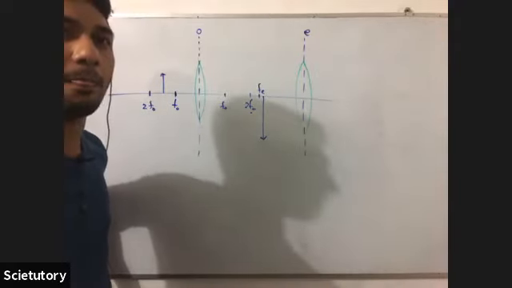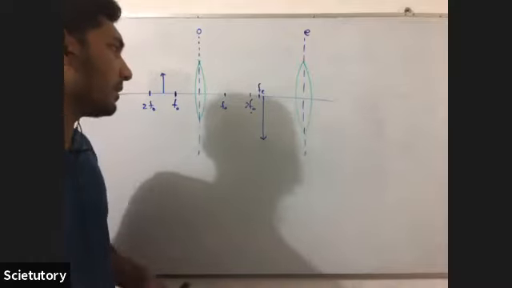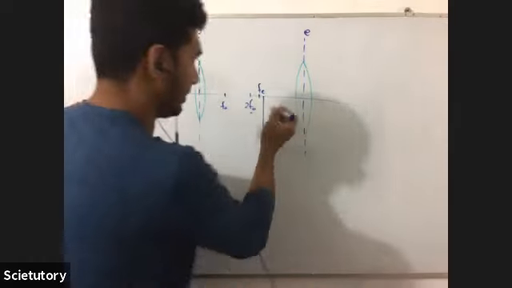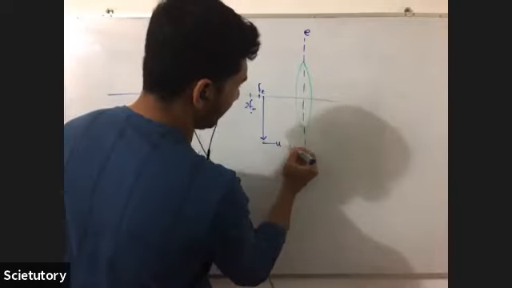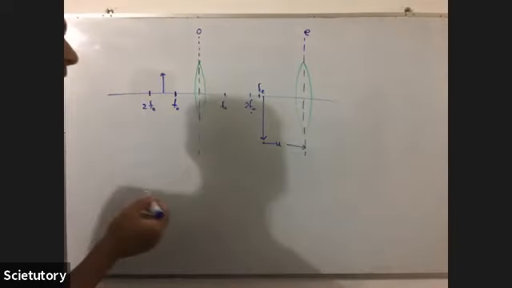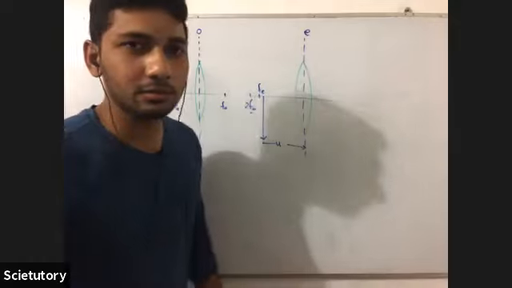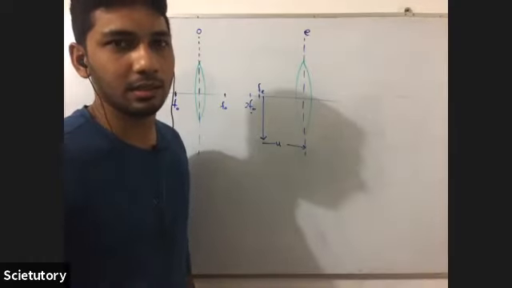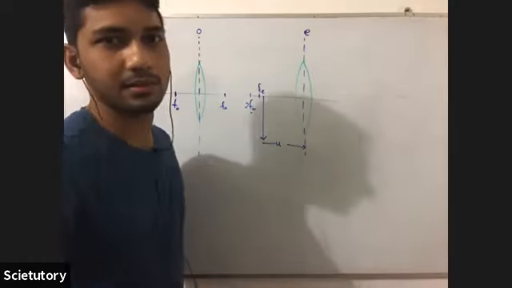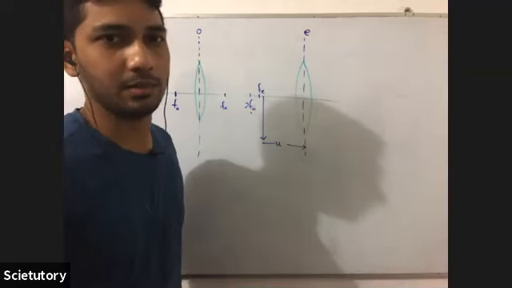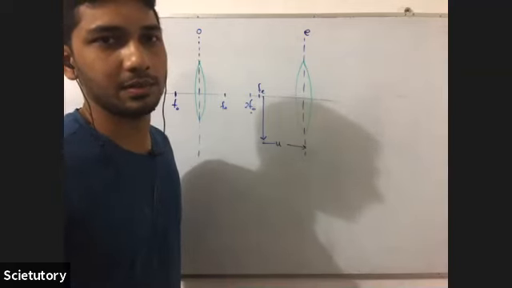You understand? Within the focal length, now u is smaller than the focal length. So what kind of image are you going to get now? In relation to this eyepiece, what are the properties of the image? Features.